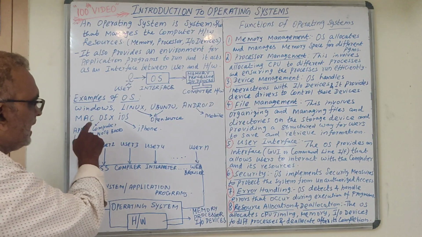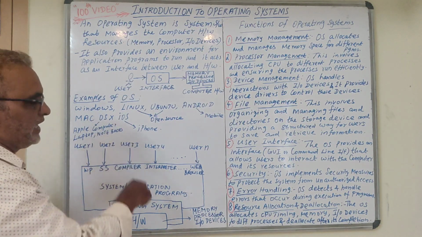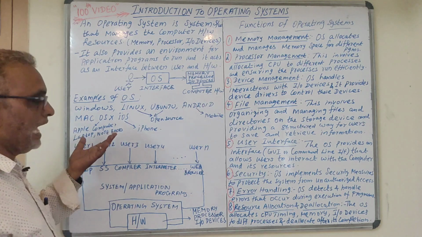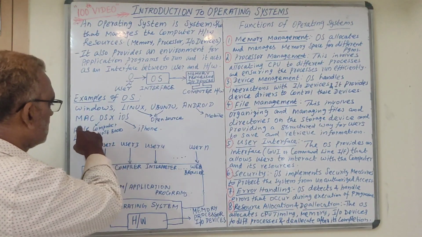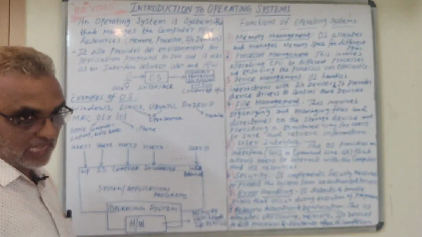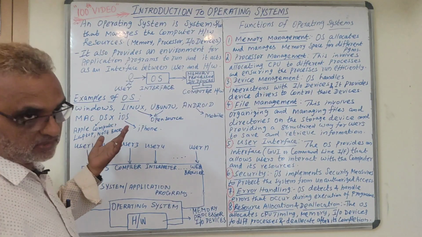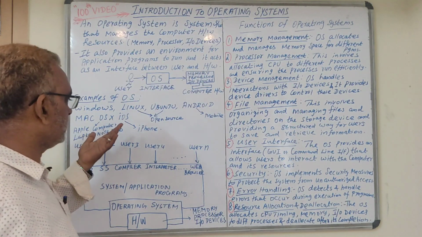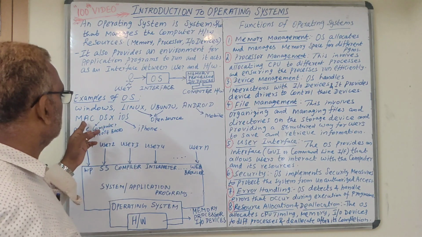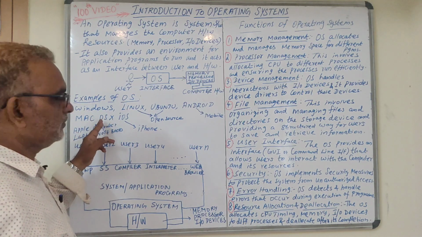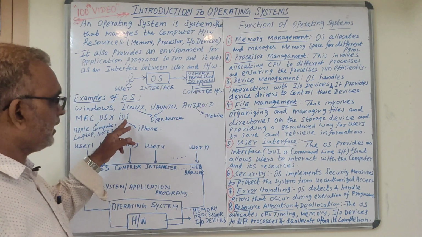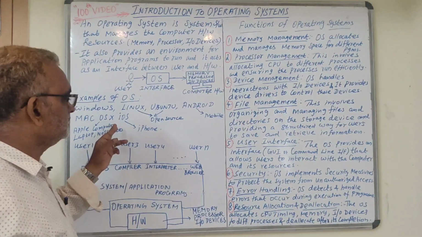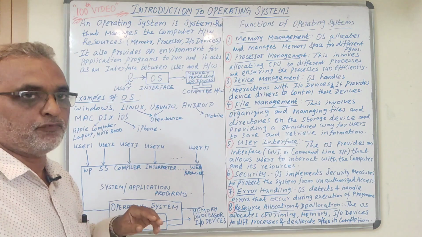Then we have Mac OS X, iOS. All these are Apple Corporation's products. Mac is operating system used by Apple computers, mostly desktops and laptops. It is OS X. And iOS is operating system used in Apple iPhones.